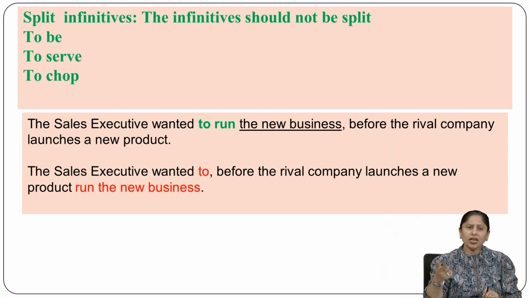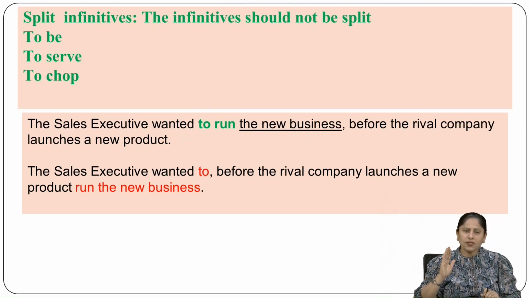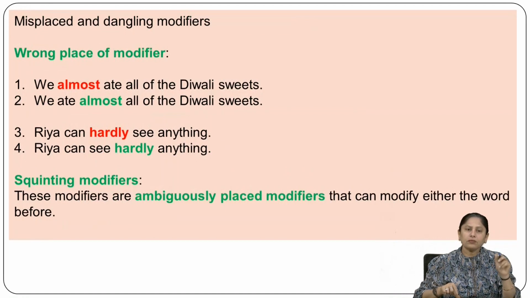Before the rival company launches a new product, look now, this particular sentence with the green word to run sounds very clear, and that's the true sentence because it deals with split infinitives as well as squinting modifiers. Look, ambiguously placed modifiers can modify either the word before.